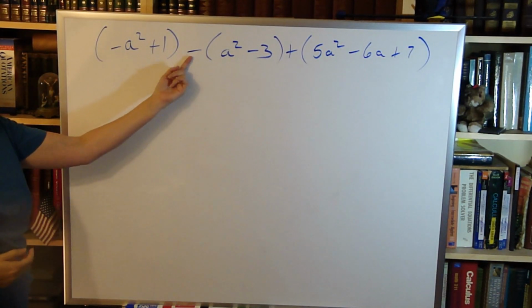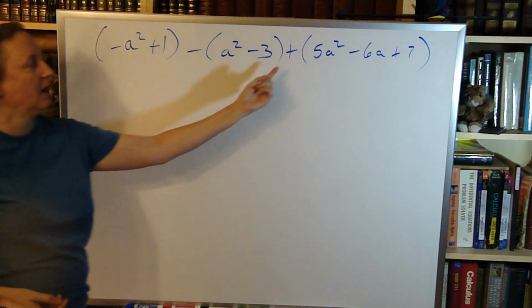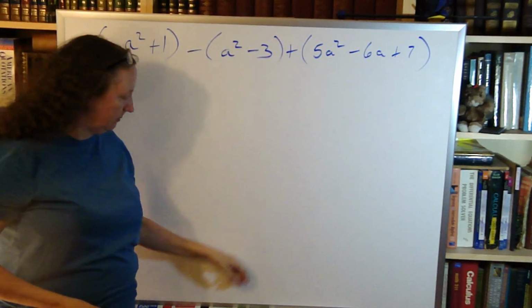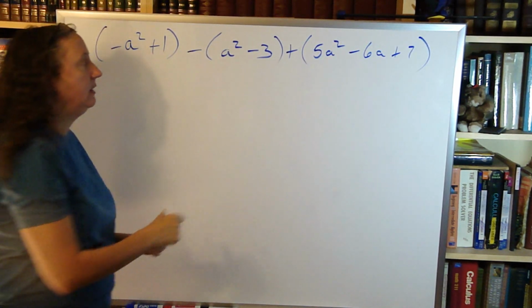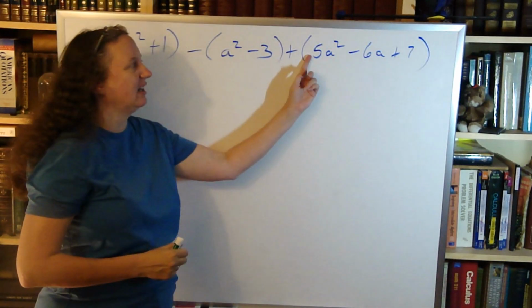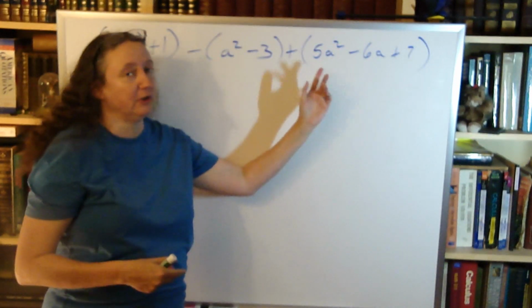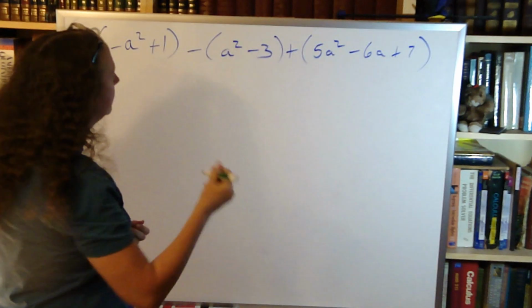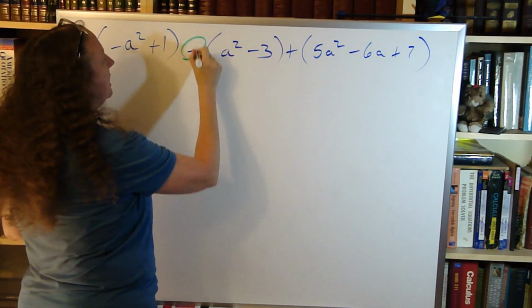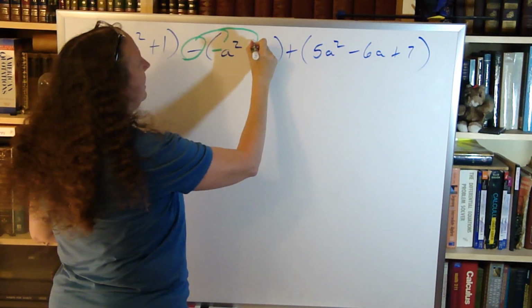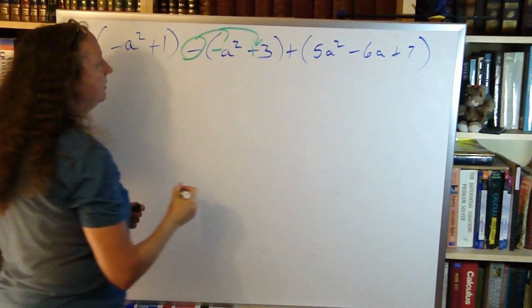I have to distribute in this minus sign. I have to distribute in the plus sign. Plus sign isn't that important, but we do have to worry about this. Plus sign's not going to change any of my signs inside. That's why I say it's not important. It's not that it's not important, it's just that it's not changing my signs. So I take that in, gives me now minus, take it into that, gives me a plus.